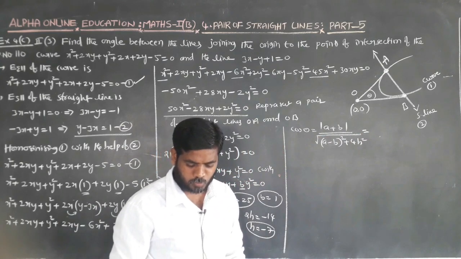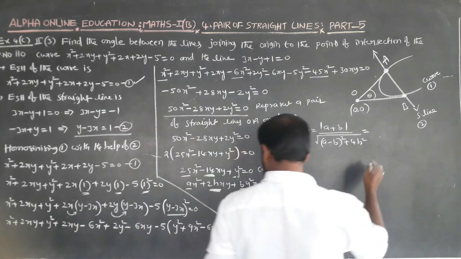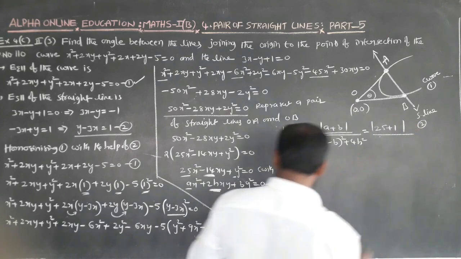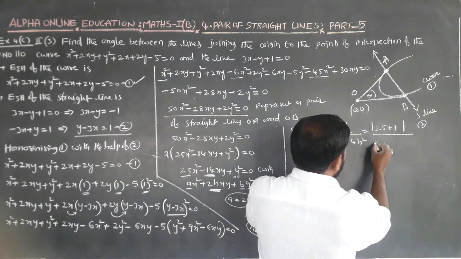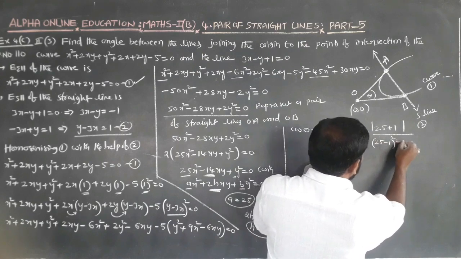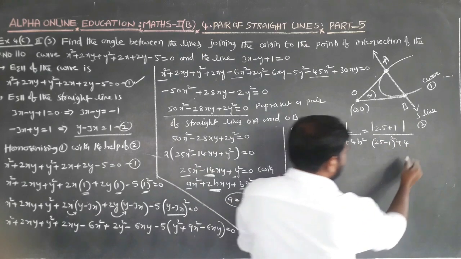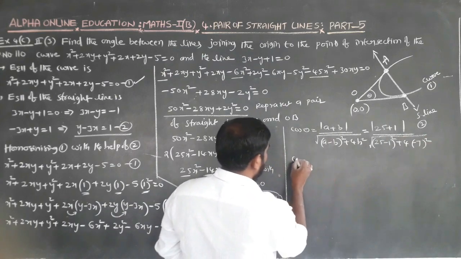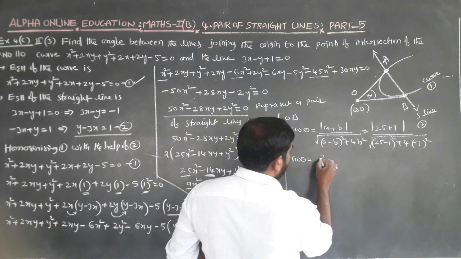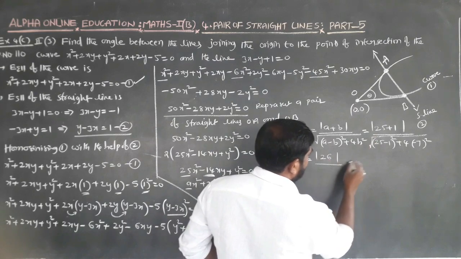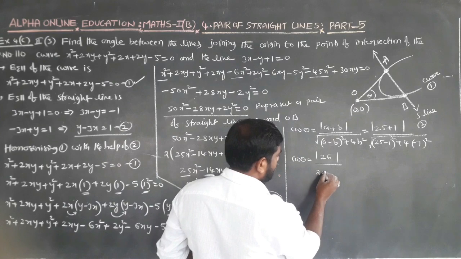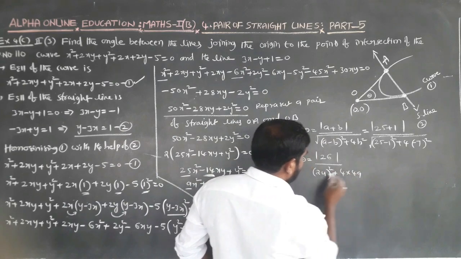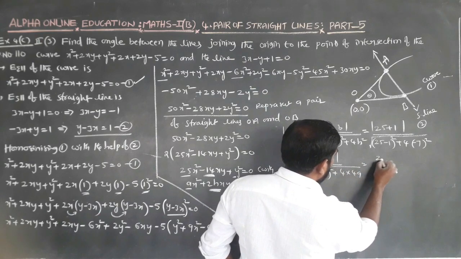Substituting, a plus b is 25 plus 1, 26, by root of 25 minus 1, 24 whole square, plus 4 into minus 7 whole square, 49.